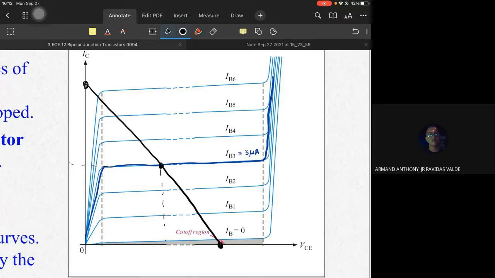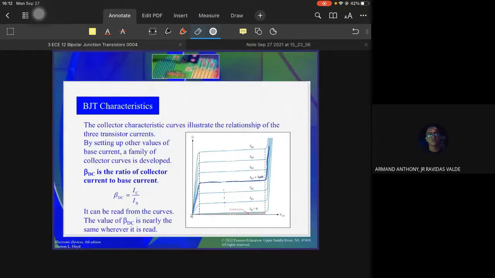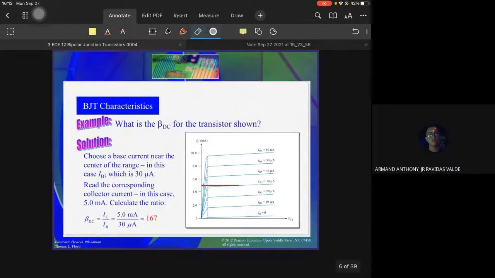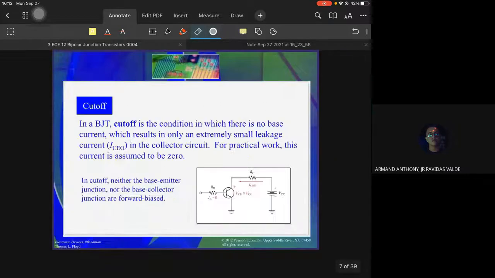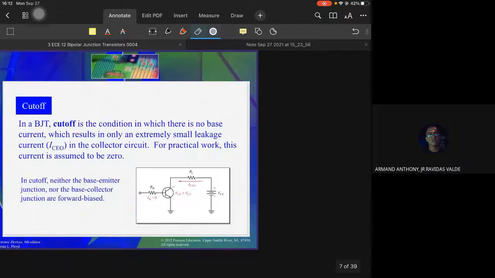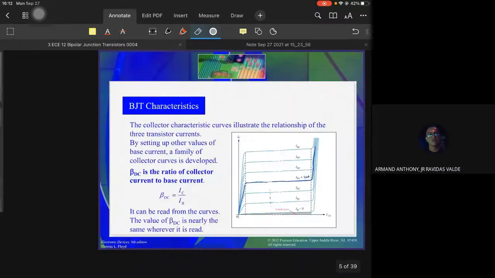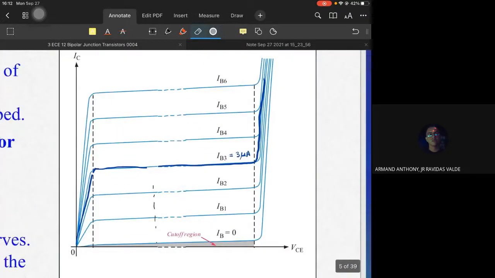So, how do we define our circuit? Kanina nga circuit. Kanina lang nga characteristic curve. So, based ani nga characteristic curve, how do we draw our load line?